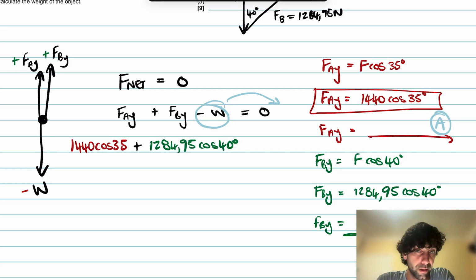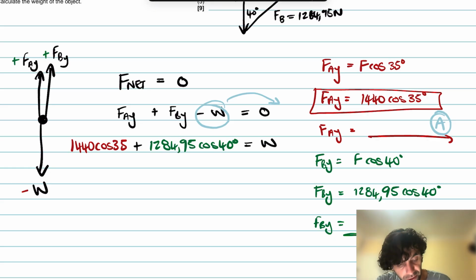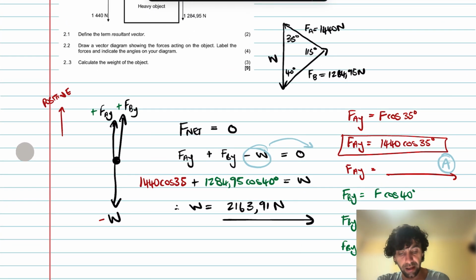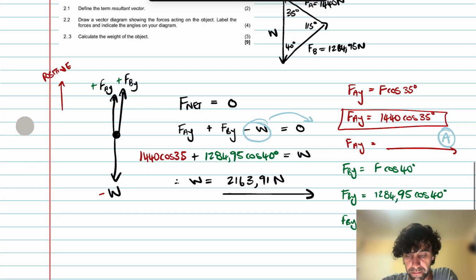Again, that is the variable that I'm trying to solve here. So that is just going to equal positive W now. And when we plug all of this into our calculator, what do we find? Well, we'll find that W is equal to 2163,91 newtons. That is the weight of our object.